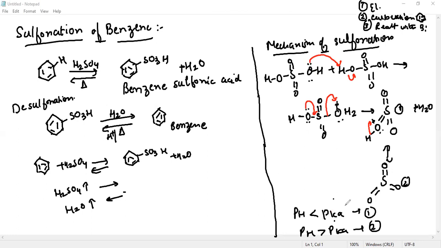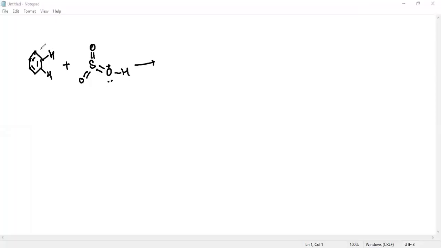Let's say you have the question, just for the question purposes I'm telling you, and then let's move forward and do the reaction with this electrophile for this reaction here. So I have benzene ring here and this electrophile here.